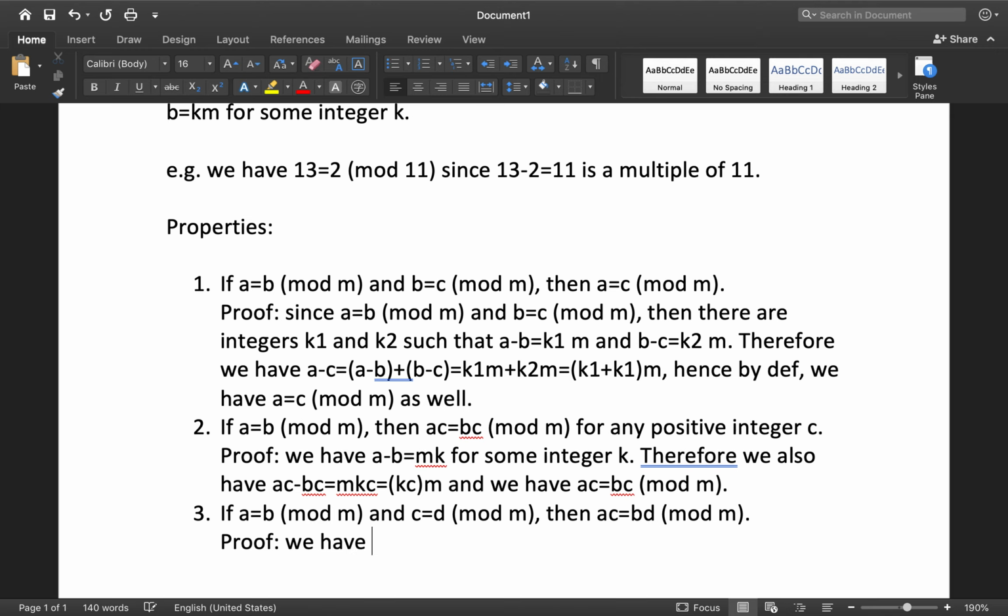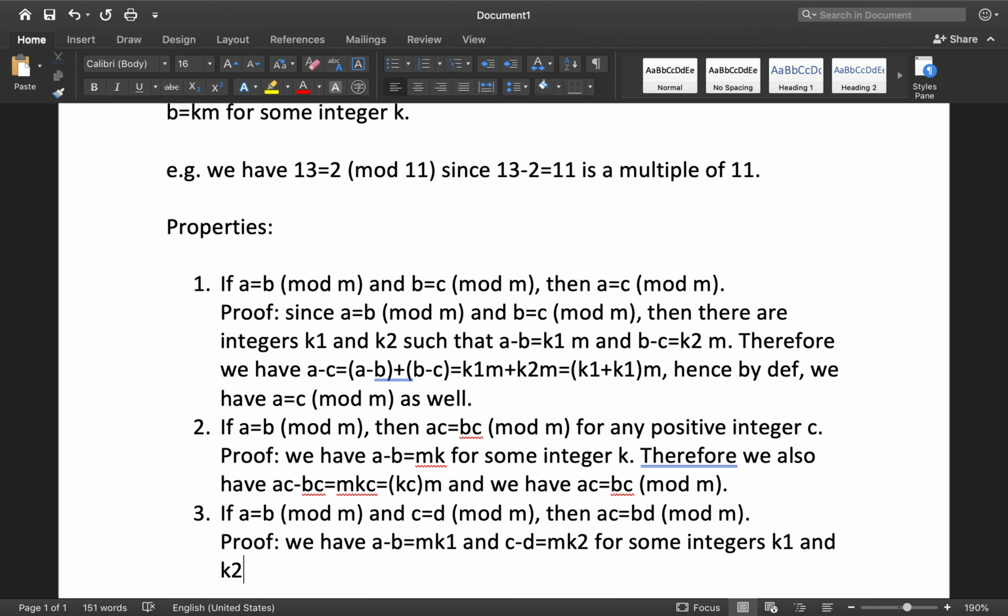So for example, you have A minus B equal to MK1, and we have C minus D equal to MK2 as well, for some integers K1 and K2. If you don't like K1 and K2, you can use another name, but that is not very important. We have A minus B and C minus D being integer multiples of M.